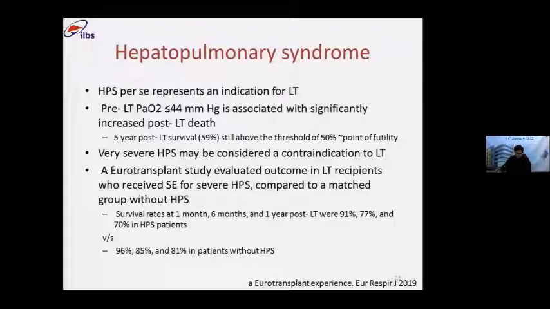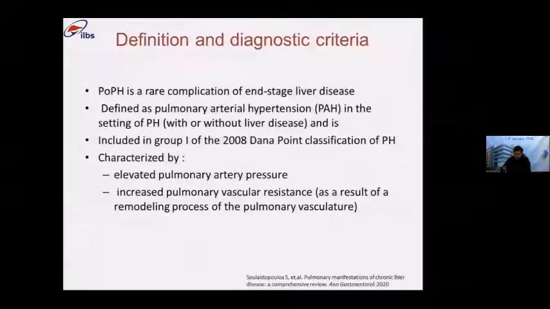Coming to portopulmonary hypertension. Portopulmonary hypertension is a rare complication of end-stage liver disease, defined as pulmonary arterial hypertension in the setting of portal hypertension with or without liver disease, and is included in Group 1 of the 2008 Dana Point classification of pulmonary hypertension.